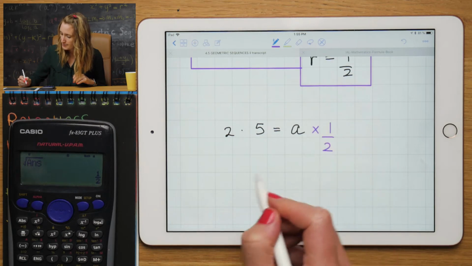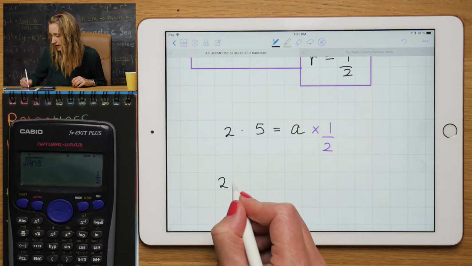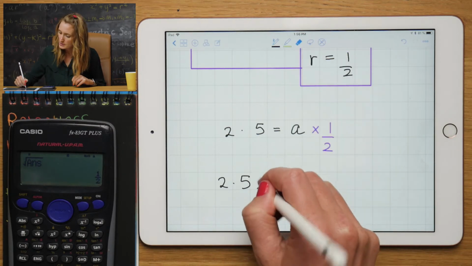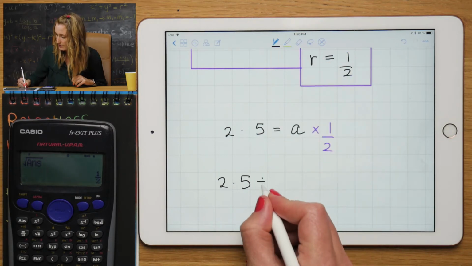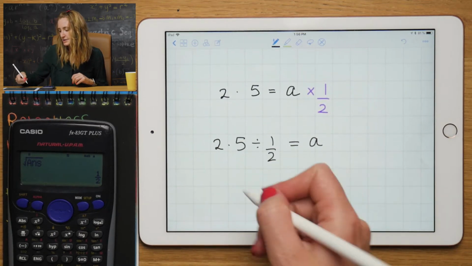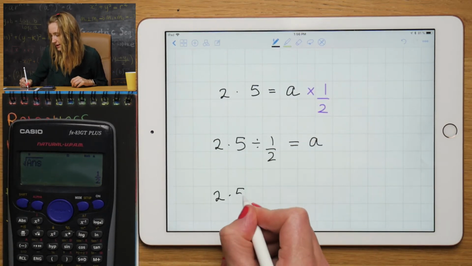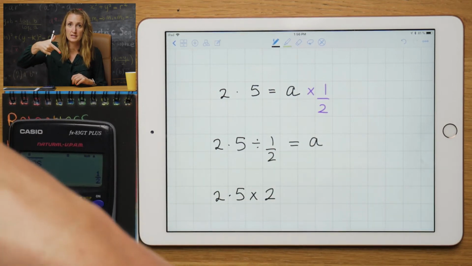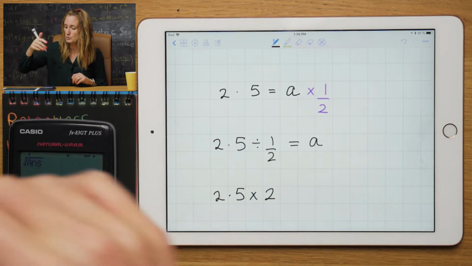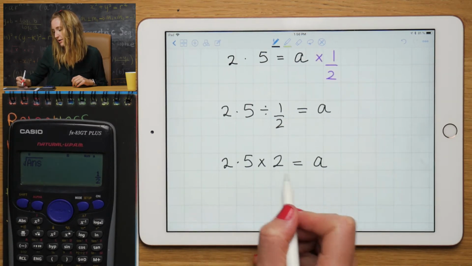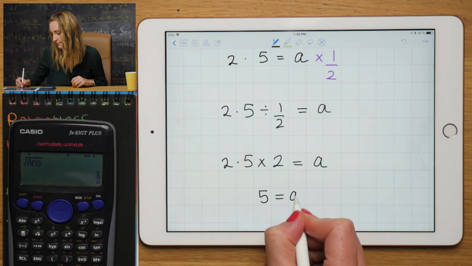So we move this times by a half to the other side by changing it into a divide by a half, which is A. Or you can know that a divide by a half is the same as a times by 2. That fraction gets flipped upside down from 1 over 2 to 2 over 1 and changes to a multiply. 2.5 times 2 is 5.